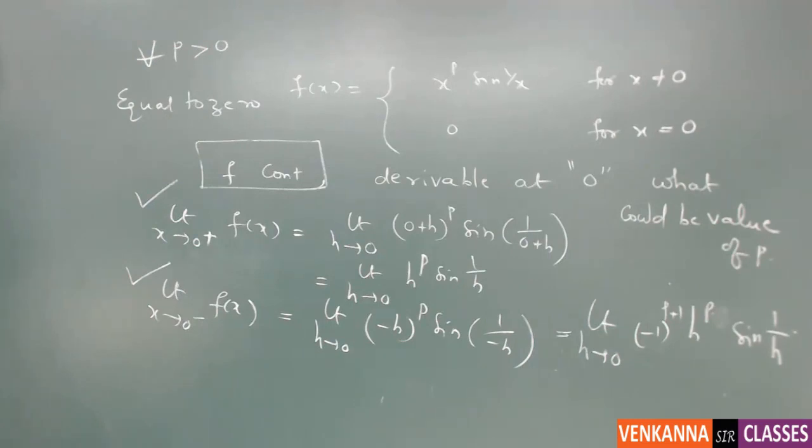Clear? Yes or no? Right. Since we are done with the continuity part, let us go with the derivability. So I am going to calculate the left hand derivative as well as the right hand derivative. Right. So if you have taken this, I will erase. Please inform if you have noted this.